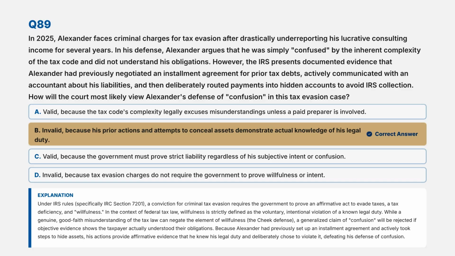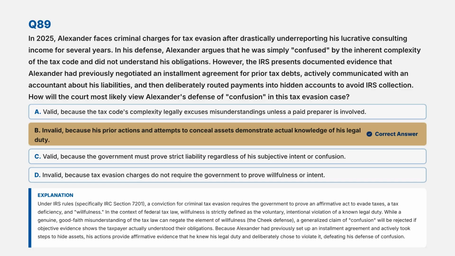Because Alexander had previously set up an installment agreement and actively took steps to hide assets, his actions provide affirmative evidence that he knew his legal duty and deliberately chose to violate it, defeating his defense of confusion.